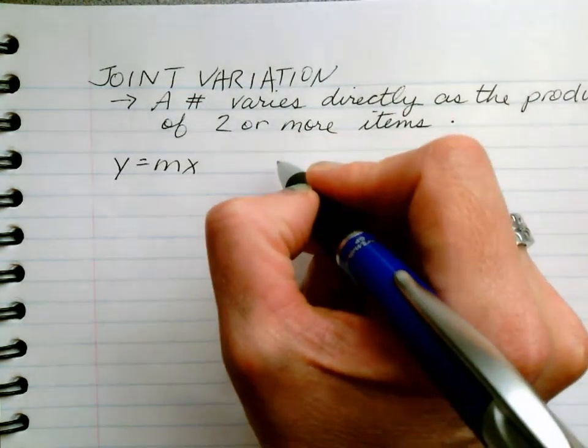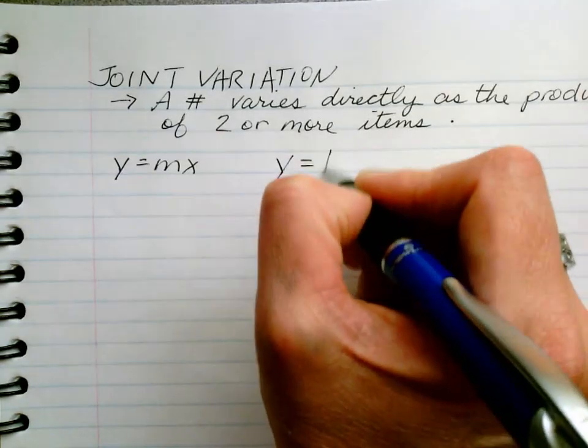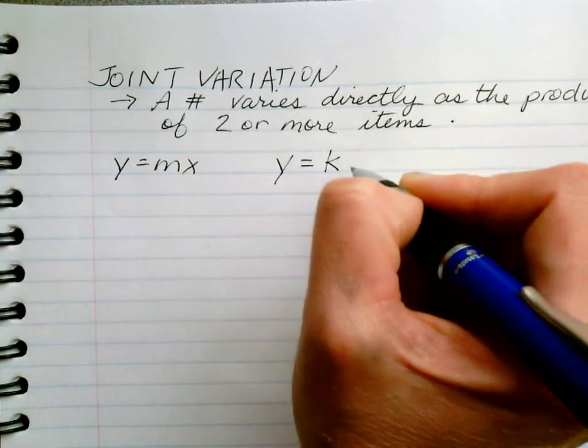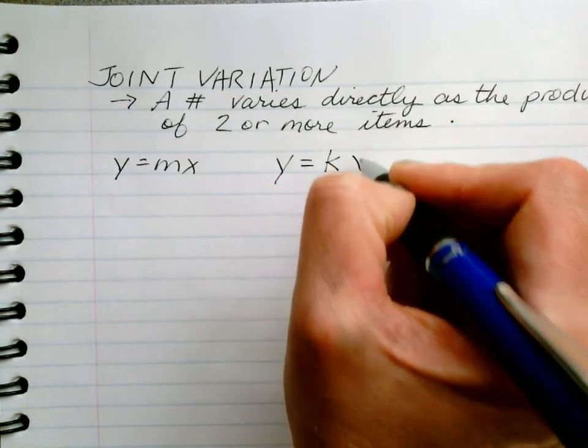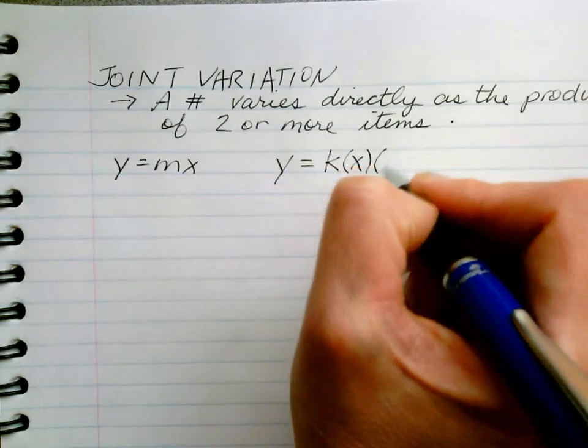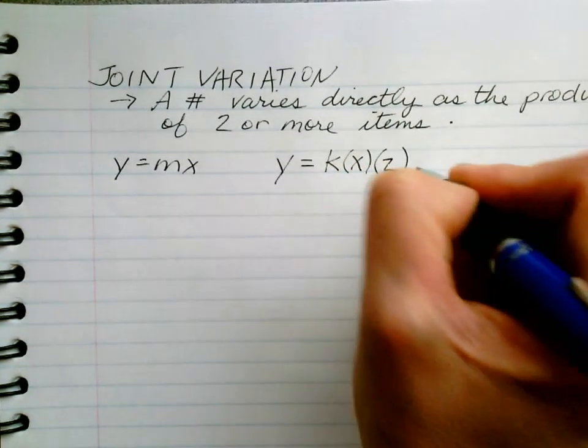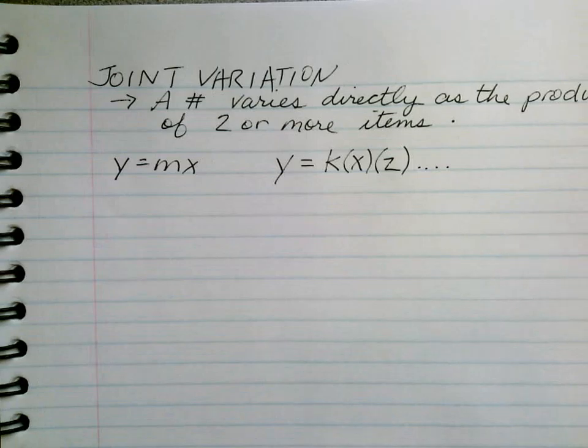Today, what if it's y equals, and then they're using letter K, K, X, Z, some other business. And it could be multiple items. Oftentimes you'll make a plan, and your plan will depend on this, that, and the other. That would be a joint variation, right?